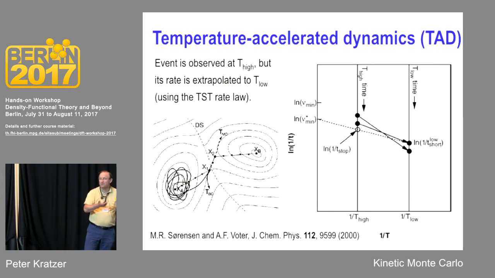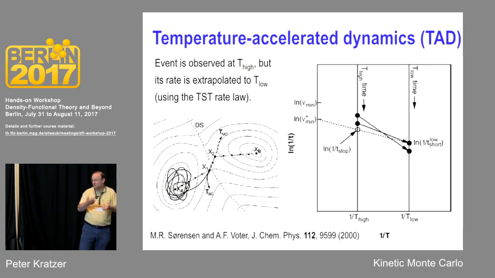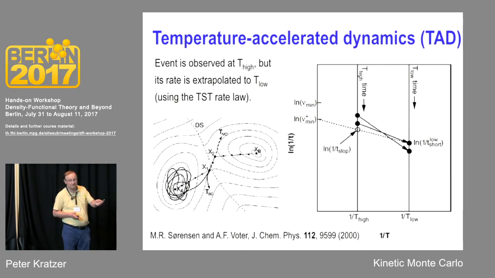It will give you some processes. After you have found so and so many processes, you stop, because you can have an estimate that no new processes are likely to occur after a certain time. And this gives you the rates of the processes at high temperature, but also at low temperature.